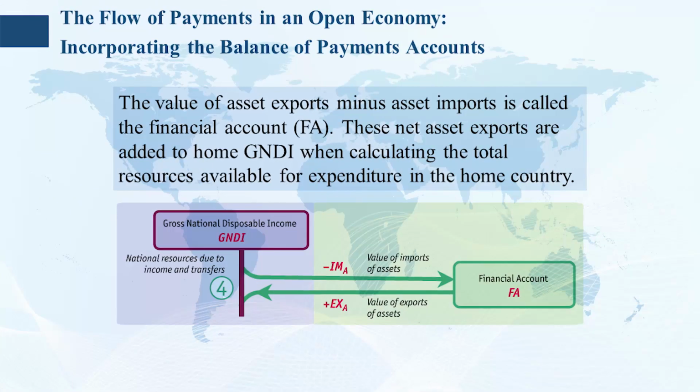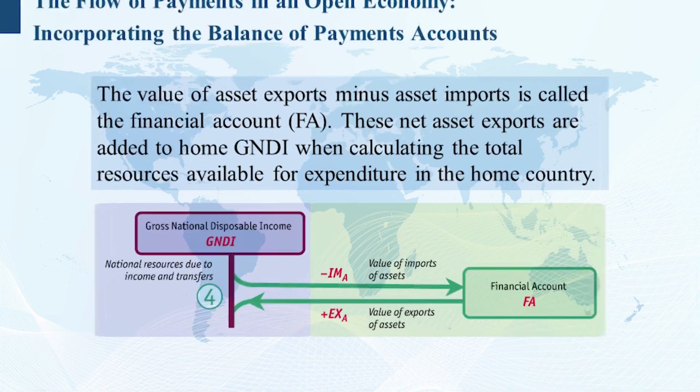At point 4, we see that a country's capacity to spend is not restricted to be equal to its GNDI, but instead can be increased or decreased by the export or import of assets to or from other countries. When foreign entities acquire assets from home entities, the value of these asset exports increases resources available for spending at home.